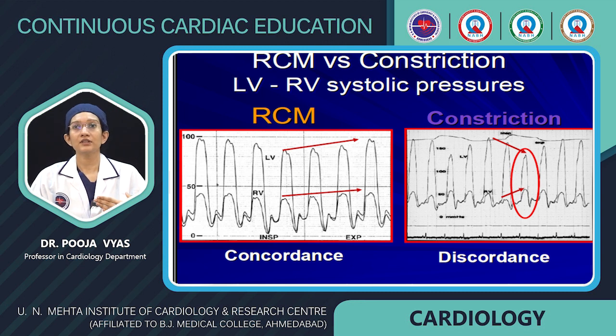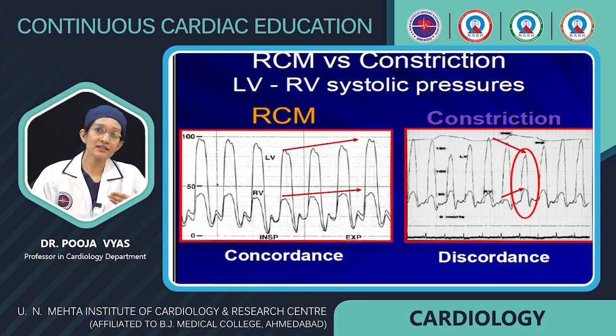While in the case of constriction, what happens is during inspiration, there will be an increase in the RV systolic pressure, but at the same time there will be a reduction in the LV systolic pressure. So there will be discordance between the pressures of LV and RV due to ventricular interdependence.